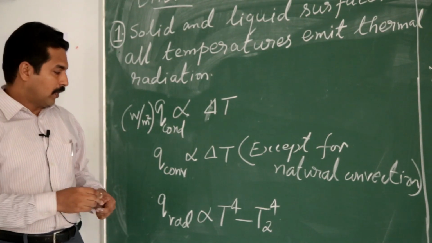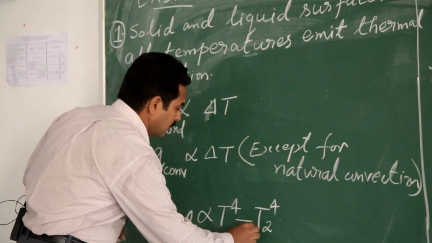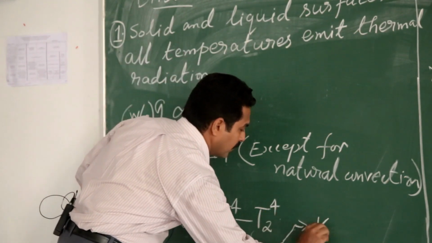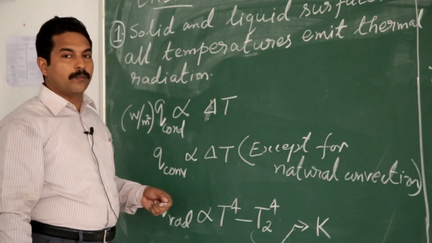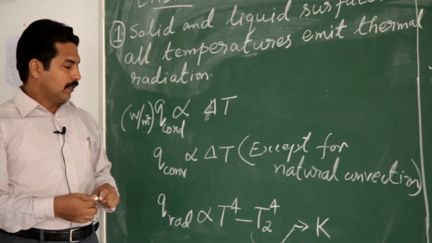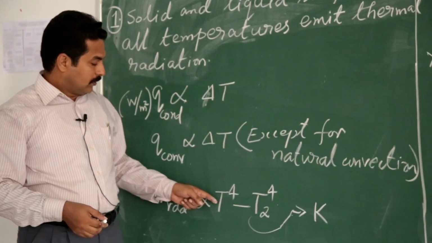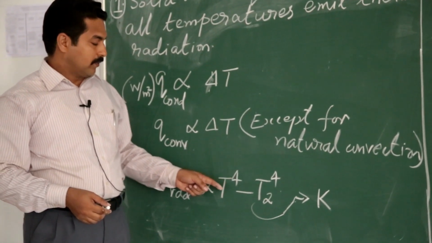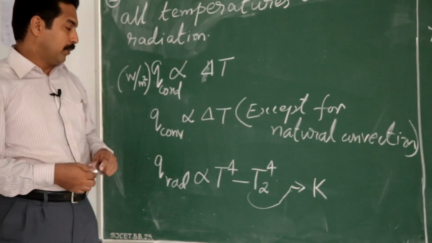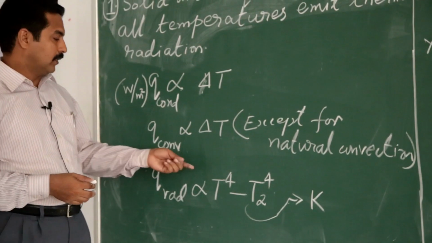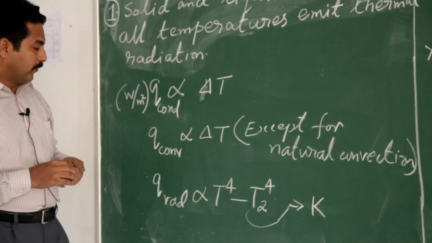Here you have to specially note that this temperature must always be taken in Kelvin. This is a common mistake people usually make, because when it's a power of T raised to 4, the variation between Kelvin and degree centigrade is very high.